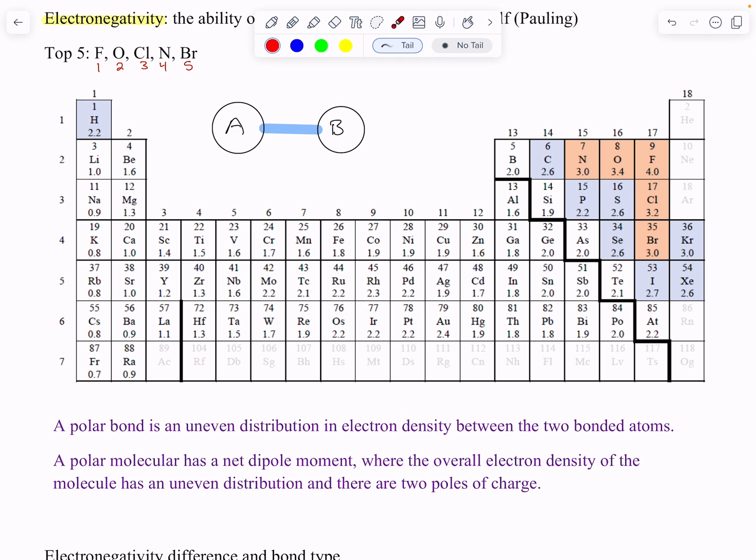If B here is one of the top 5, the electrons are going to spend more time over here on B than on A. They still exist towards A, but they spend more time around B. That leads to an uneven distribution.